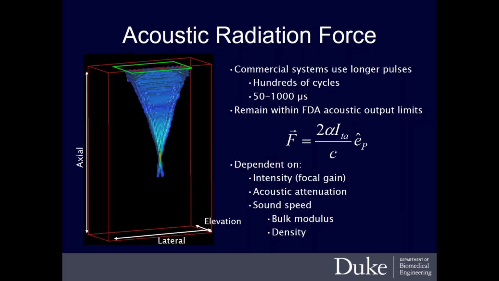The radiation force magnitude is also dependent on the acoustic attenuation, which is the alpha term in the expression above it. And it is also determined by the sound speed, which is again a function of our bulk modulus and density. So the big ones here would be the focal gain, and the acoustic attenuation can primarily modify the distribution of that radiation force.